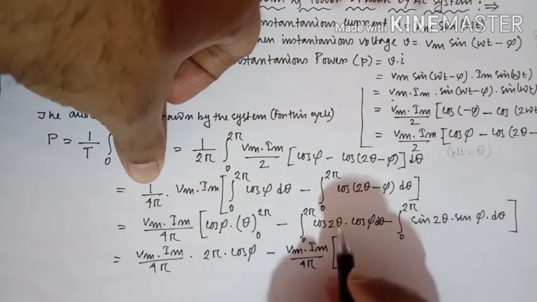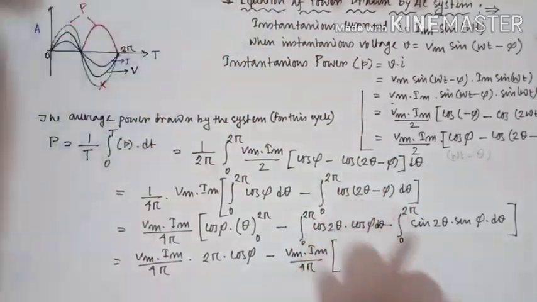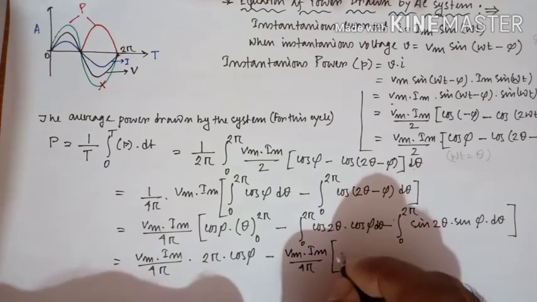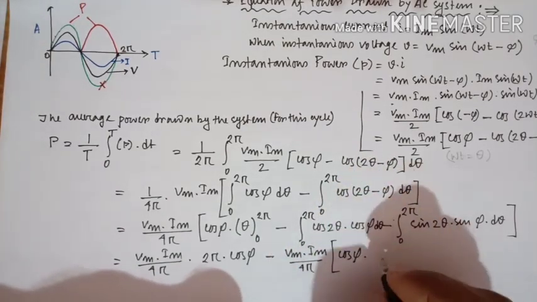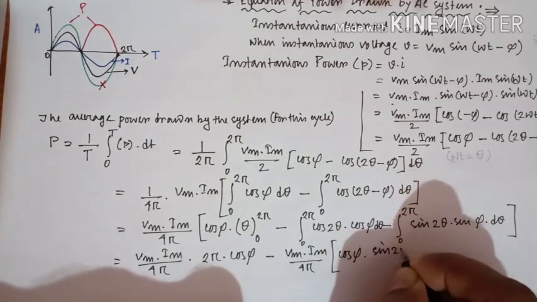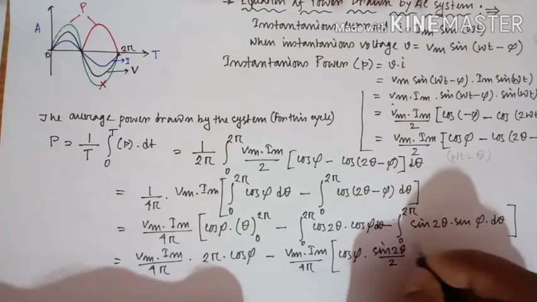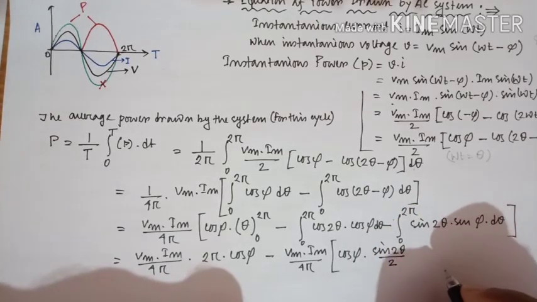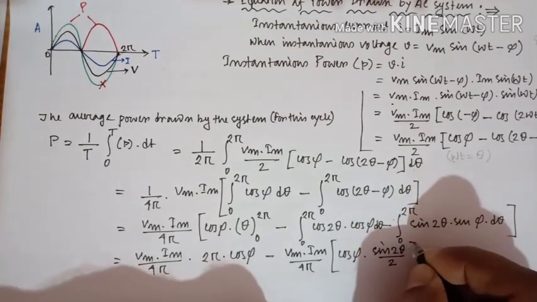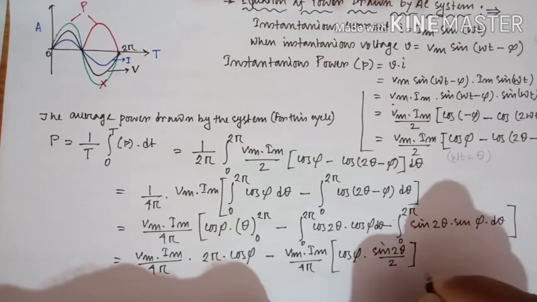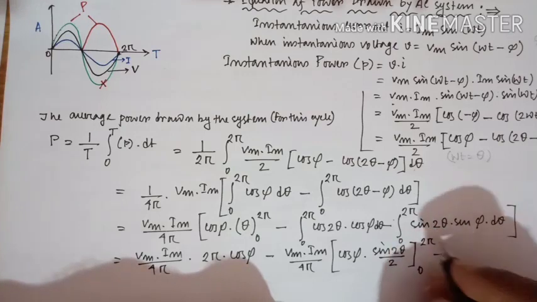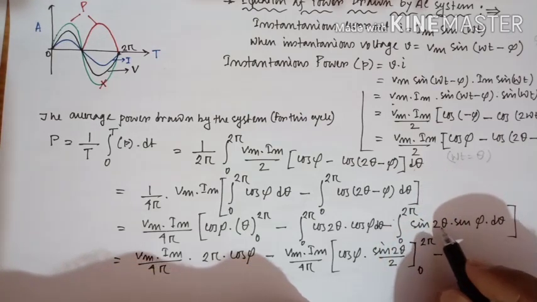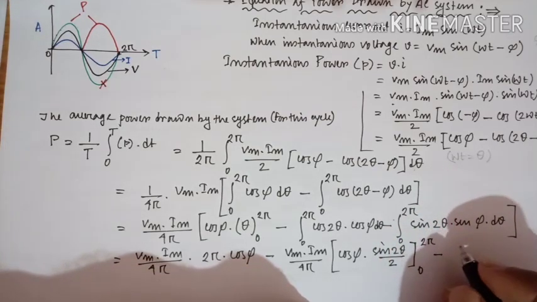I am doing the multiplication. Here I need to do the integration of this term. So here cos phi is once again a constant term. Integration of cos 2 theta is sin 2 theta divided by 2, the limit is 0 to 2 pi, minus integration of sin 2 theta will be minus cos 2 theta by 2.